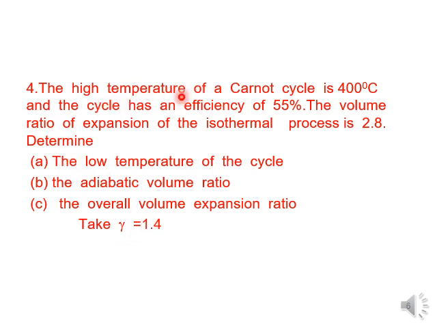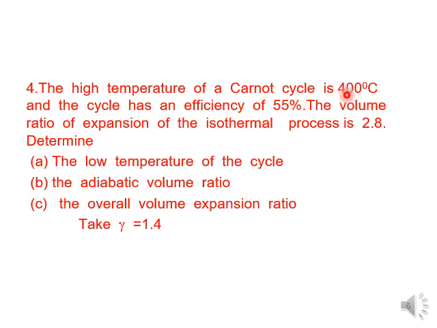The high temperature of the Carnot cycle is represented with T1. T1 is equal to 400 degrees centigrade. By adding 273, it is converted into Kelvin, so it becomes 673 Kelvin, and the cycle has the efficiency 55 percentage. So efficiency is equal to, we all know, 1 minus T2 by T1.